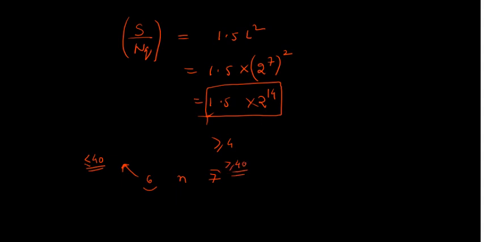So we have to take at least 7 bits, or equivalently we have to divide the amplitude into 2 to the power 7 levels. If you just see, this will be more than 40. Okay.